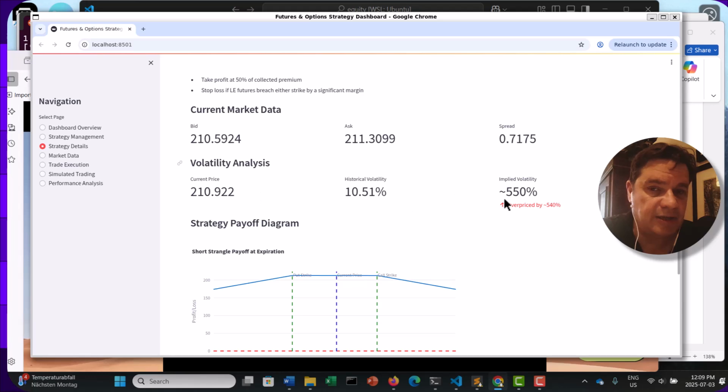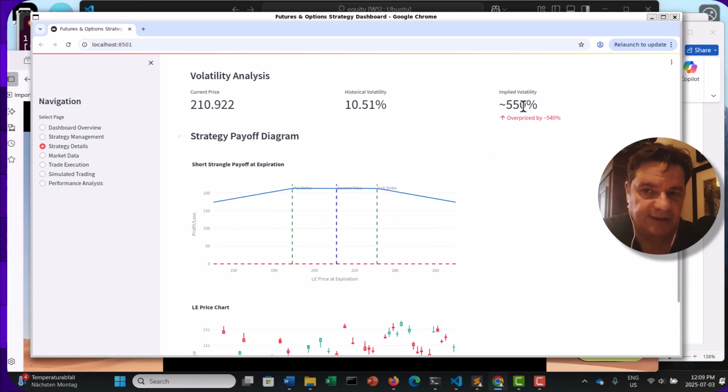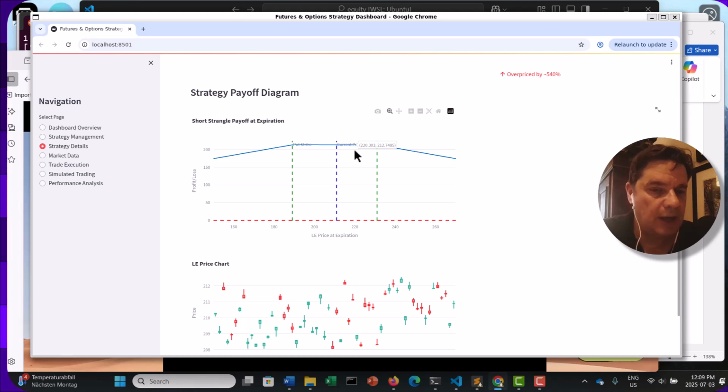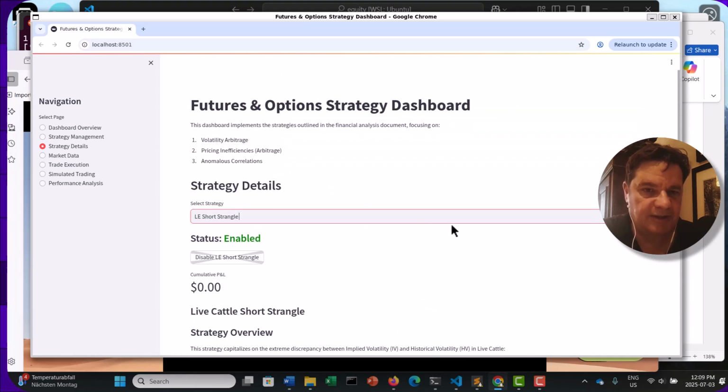So again, you can see here, bid ask, volatility analysis. So in a summary, you'll see that it focuses on lower volatility on the annual historical volatility. So here it's saying that there's a big difference between the implied volatility and the historical. So it will use a proper option strategy to take advantage of that. Okay, so these are just some of the examples.